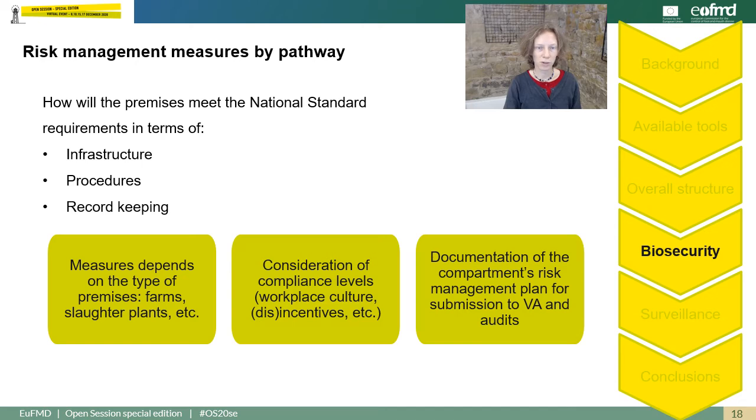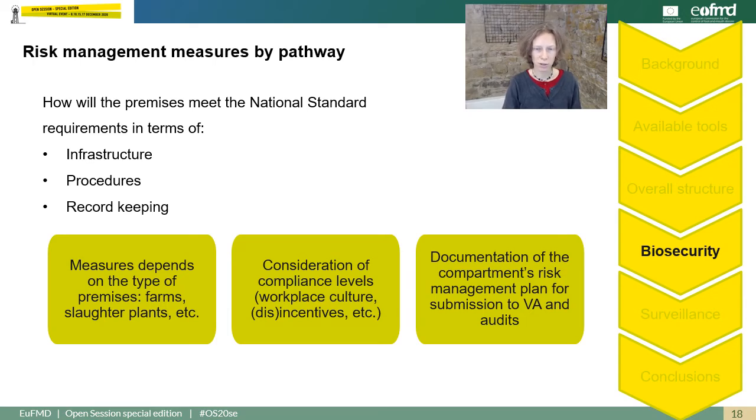Here are 3 other important elements to consider when developing a risk management plan for an ASF-free compartment. First, the measures must be adapted to the type of premises and will vary between farms and slaughter plants, for example. Second, while a strong plan is required, the compliance level is also a critical factor. Workplace culture, incentives, and disincentives will affect how much staff adhere to and follow the biosecurity measures.